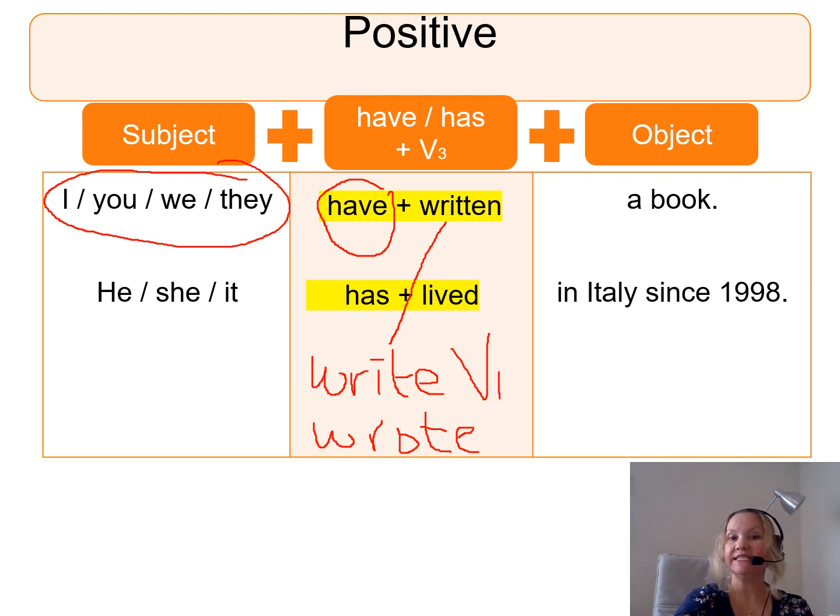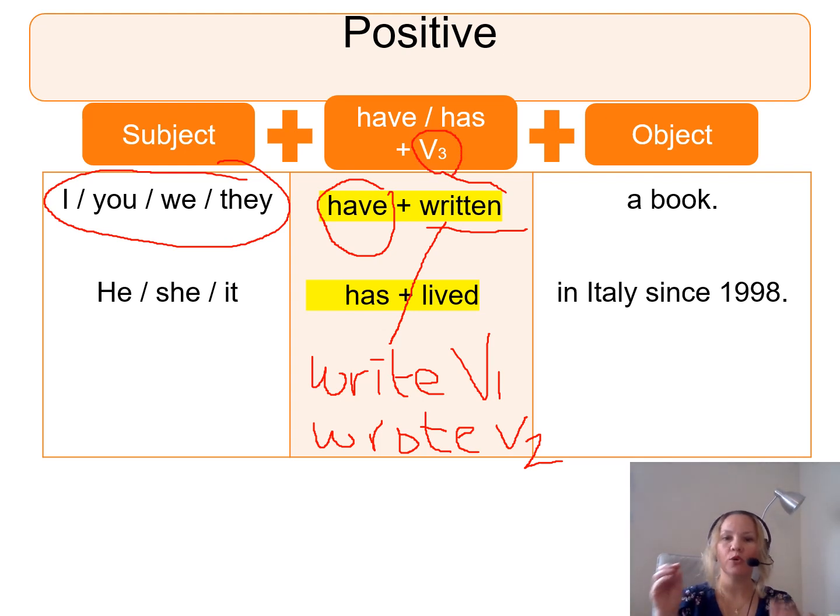Wrote past tense is the verb 2. And written is the verb 3. Okay, so present perfect tense, you have to use verb 3. So we call these verbs past participle in English language, okay?